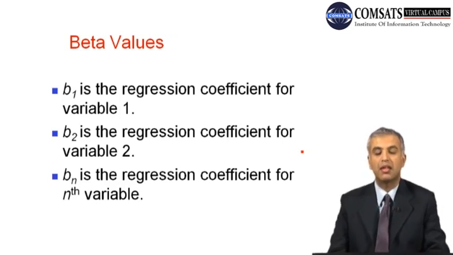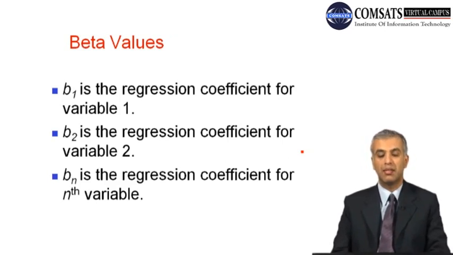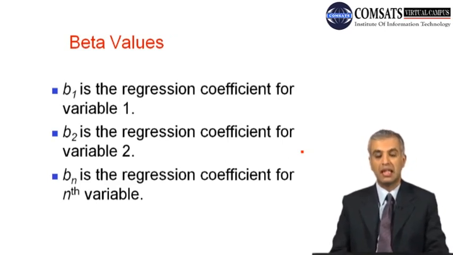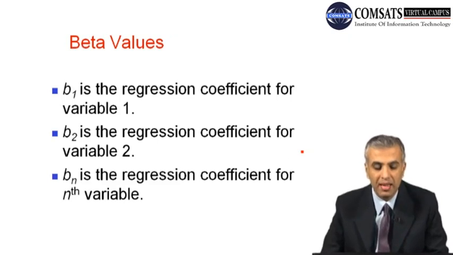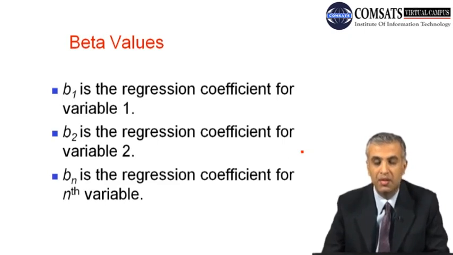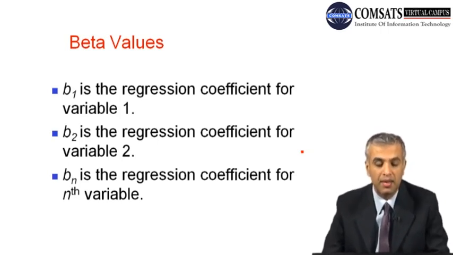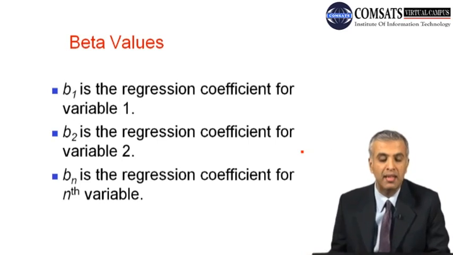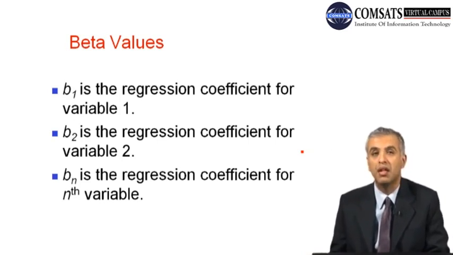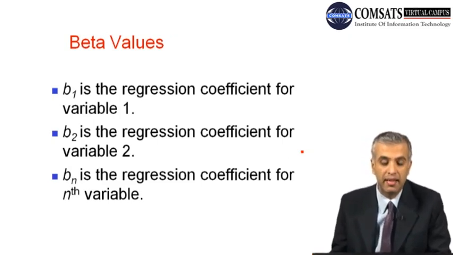Then we have beta 2 and beta n, where beta 2 represents the second variable, and it can go on to bn for any number of variables. These beta values represent the weightage of the respective variables included in multiple regression.